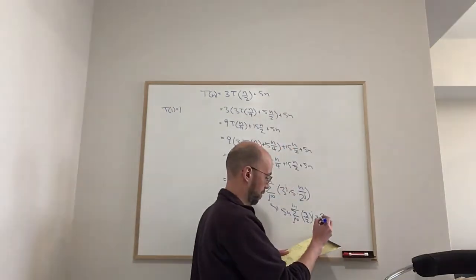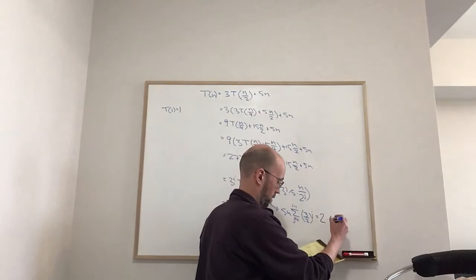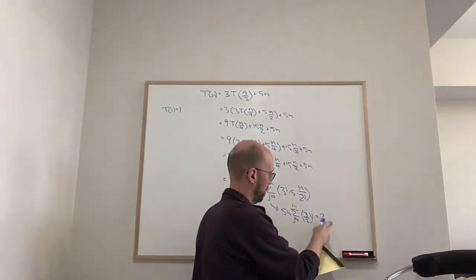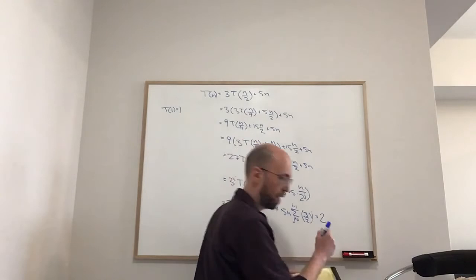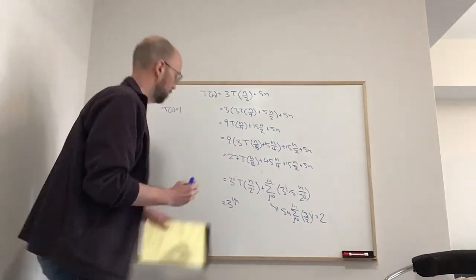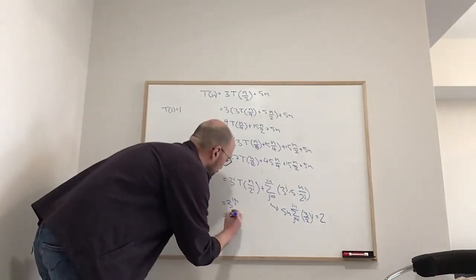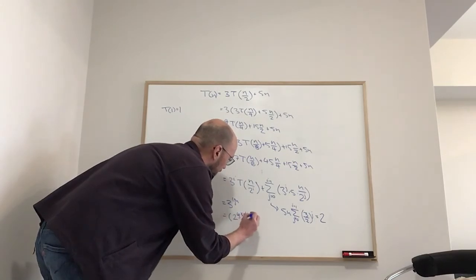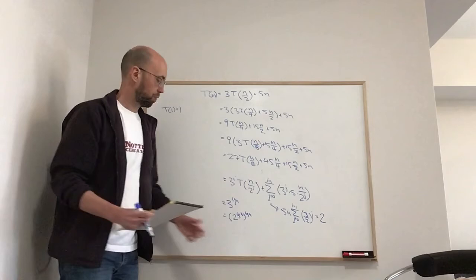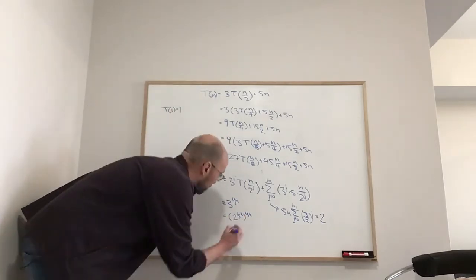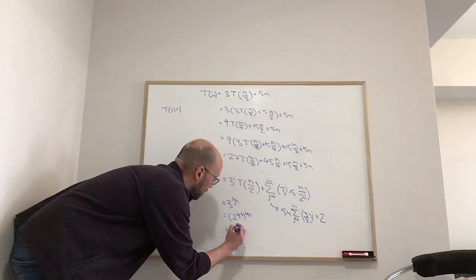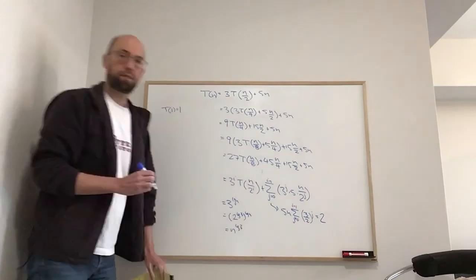Actually, pause that, put that on the side. So this is 3 to the log n, which is 2 to the log 3 log n. Because these are multiplied, by the rules of exponents we can swap them, so we get 2 to the log n to the log 3, and so this is n to the log 3.